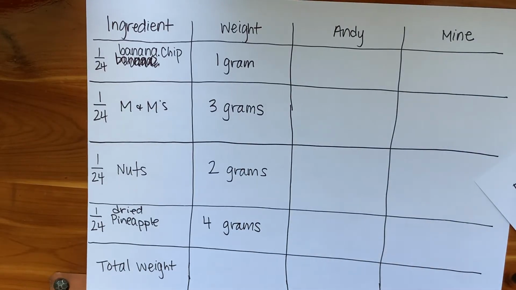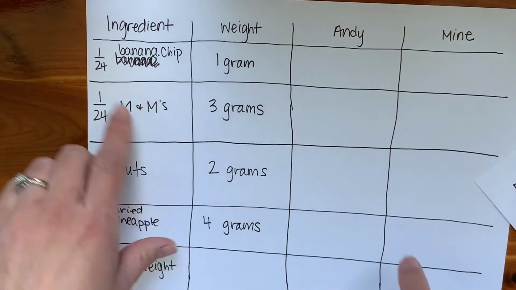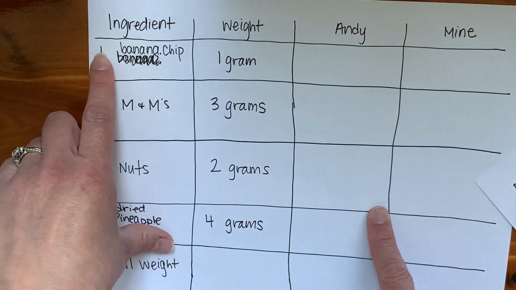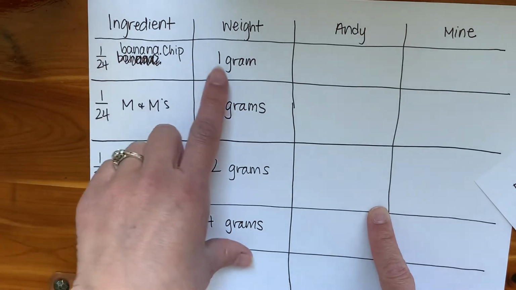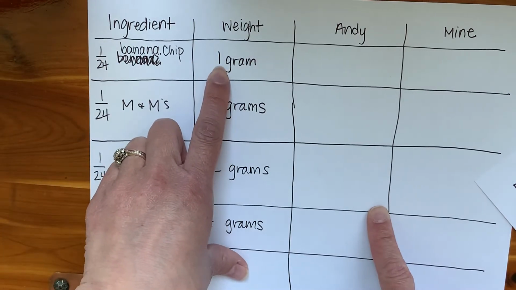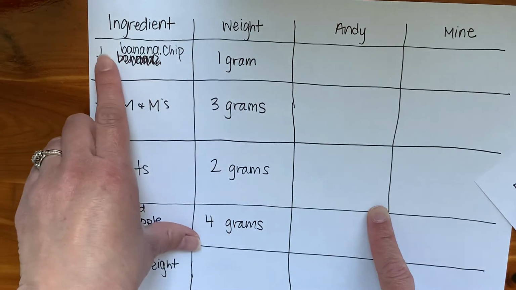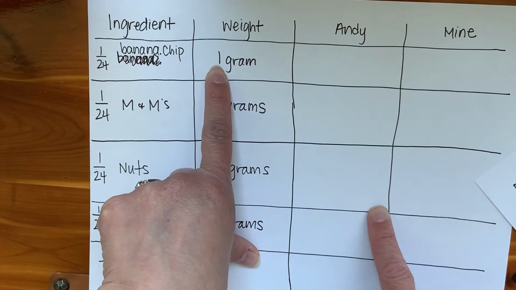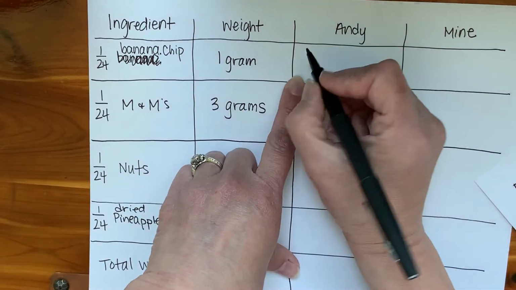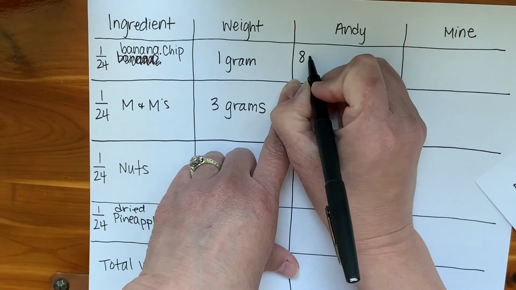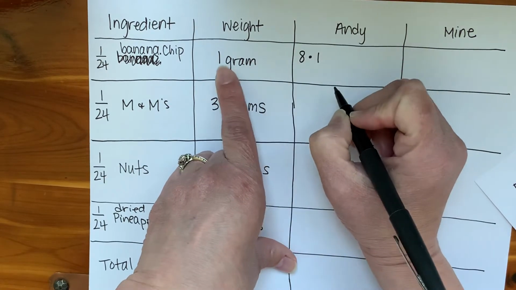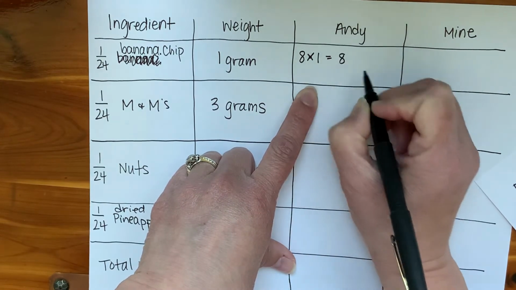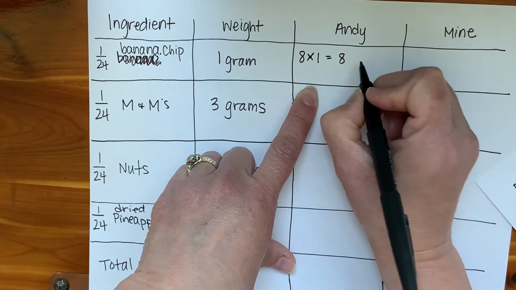If you're thinking you're going to have to do some multiplication, you are right. I need to take that numerator and multiply it by the number of grams. Each of those 8/24 weighs 1 gram, so 8/24 times 1 gram equals 8 grams.